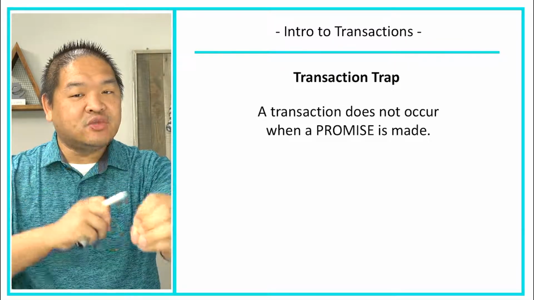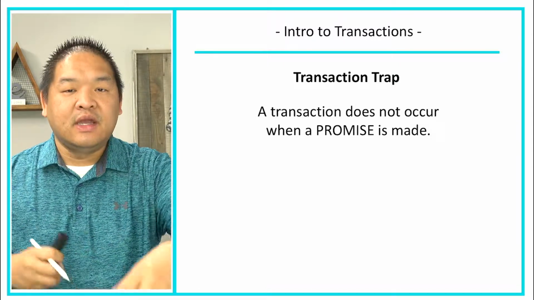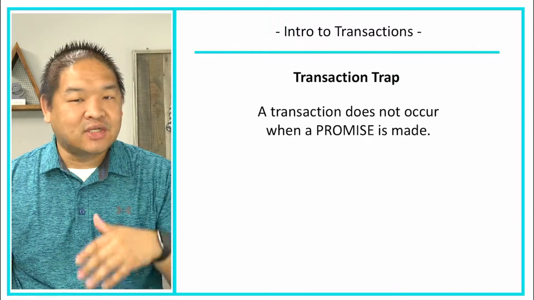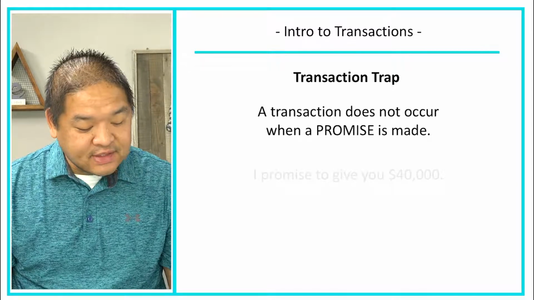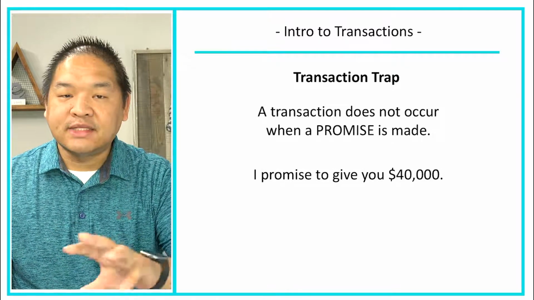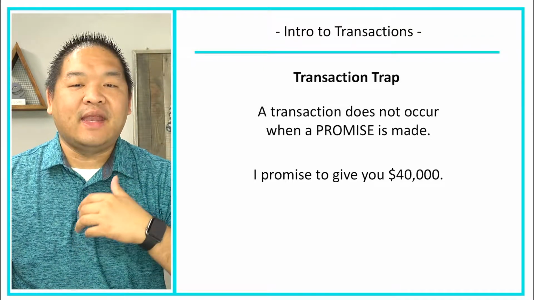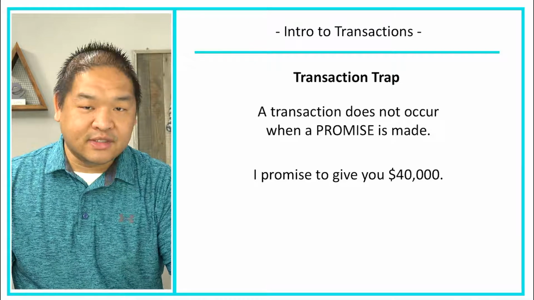An exchange must happen. A give and take must happen in order for there to be a transaction, not a promise. For instance, if someone promises to give you $40,000, no transaction has occurred. Nothing has been exchanged. We can't exchange a promise for a promise, okay?